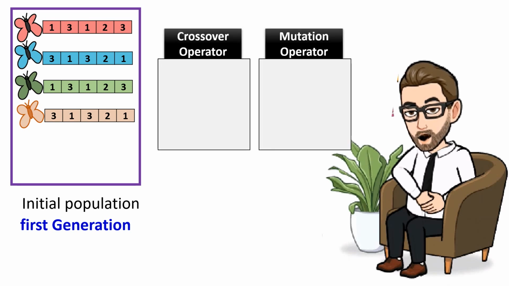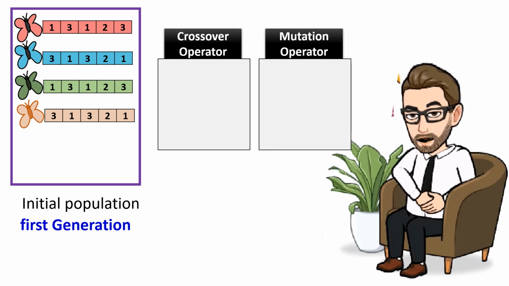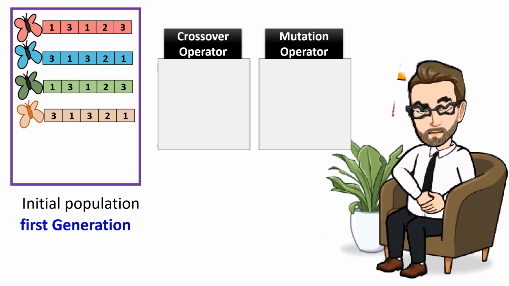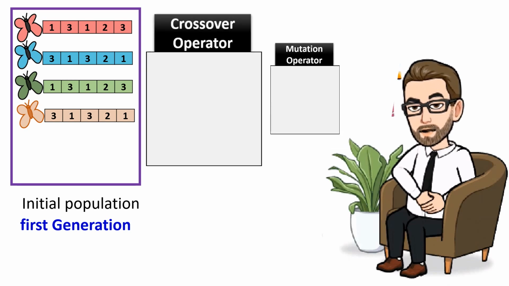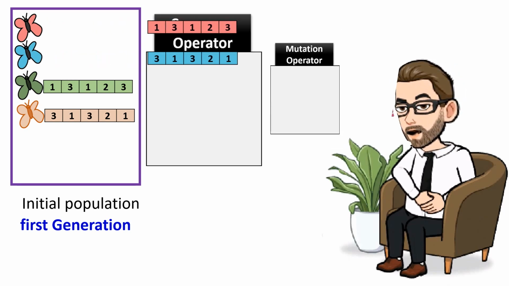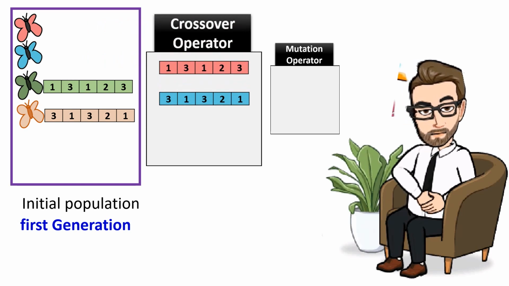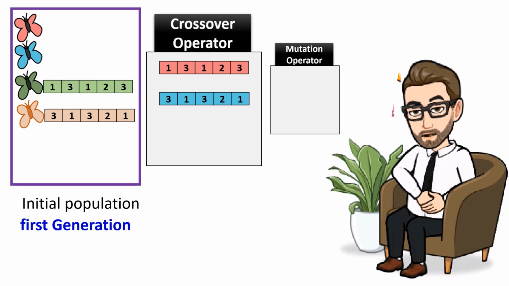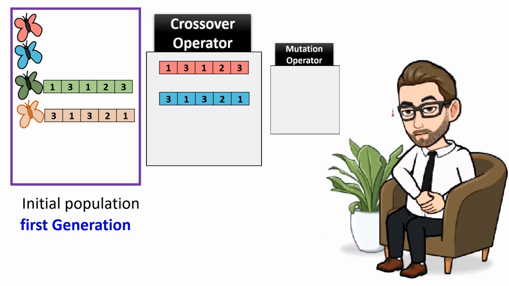The main operators in genetic algorithm are crossover and mutation. In the crossover operator, each pair of chromosomes in the current generation will be given as an input. The selected pairs for crossover are called parents. The given pairs will be used to produce new solutions which are called offspring or children.